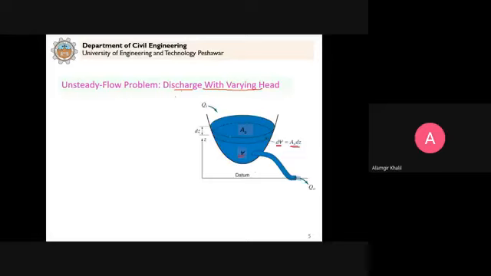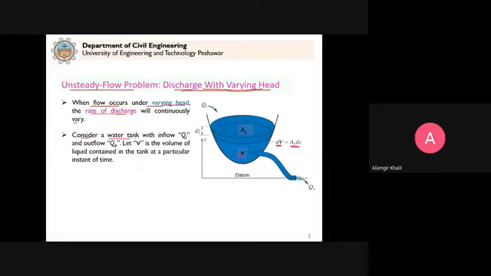So now we discuss discharge with varying head, because when the head is changing, the discharge will change, as I showed you earlier. So this is essentially an example of an unsteady flow problem. When flow occurs under varying head, the rate of discharge will continuously vary.